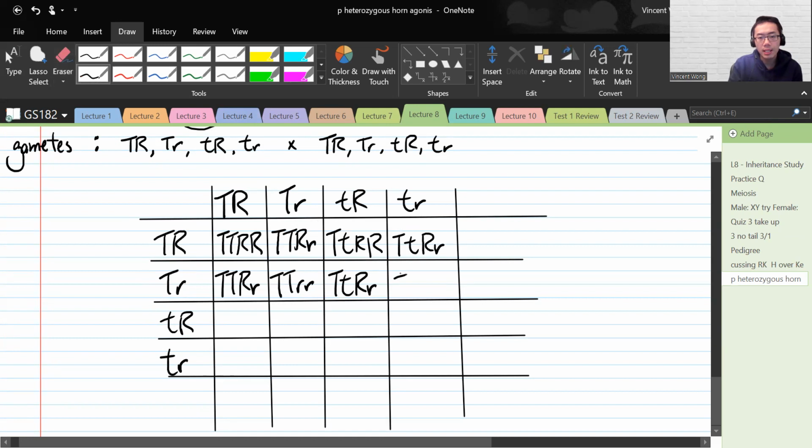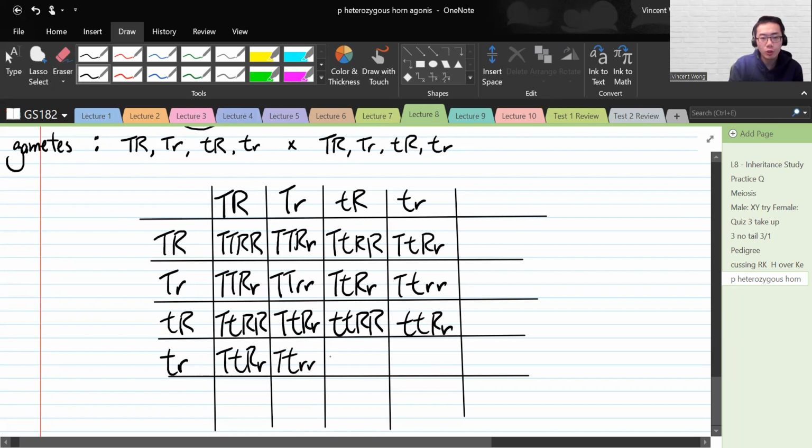Big T, small t, small r, small r. Okay. Let's try the next row. Small t, big R, small r. So in the end, we would have 16 different genotypes.